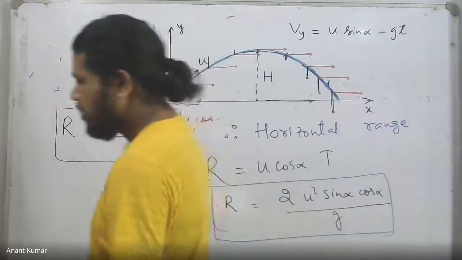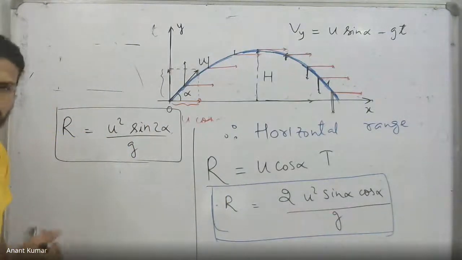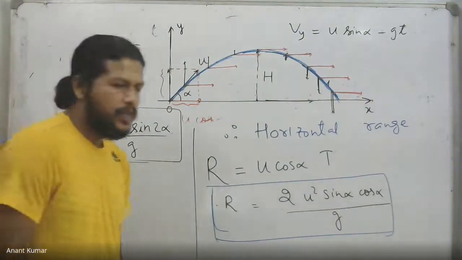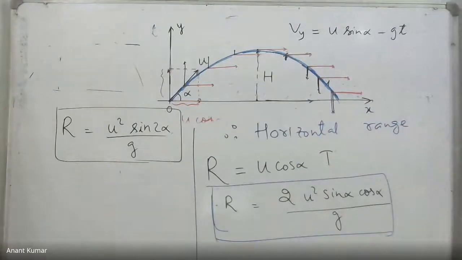Therefore, the range on the horizontal plane has a maximum value for a certain speed of projection as u square upon g itself. If we throw a projectile at various angles but the same speed, then the range becomes maximum, equal to u square by g, and that happens when the angle of projection is equal to 45 degrees.